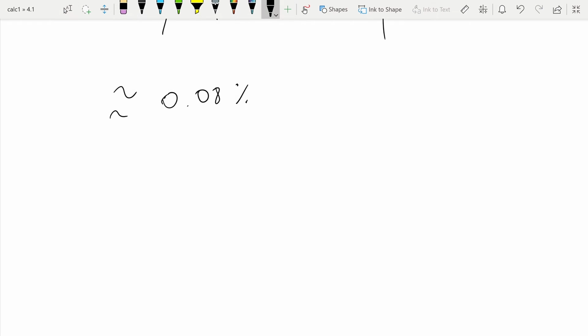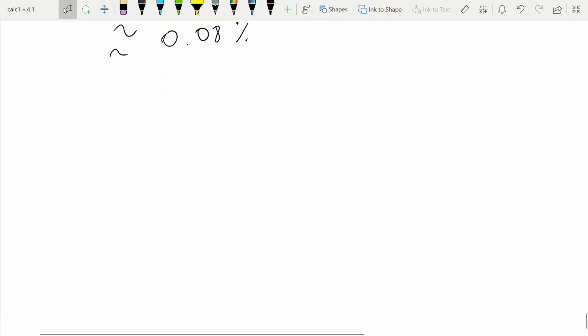But what happens if we didn't know that? That's kind of the point of the application. Well, it turns out that the error made when you use the linear approximation can be bounded from above if your function is twice differentiable.